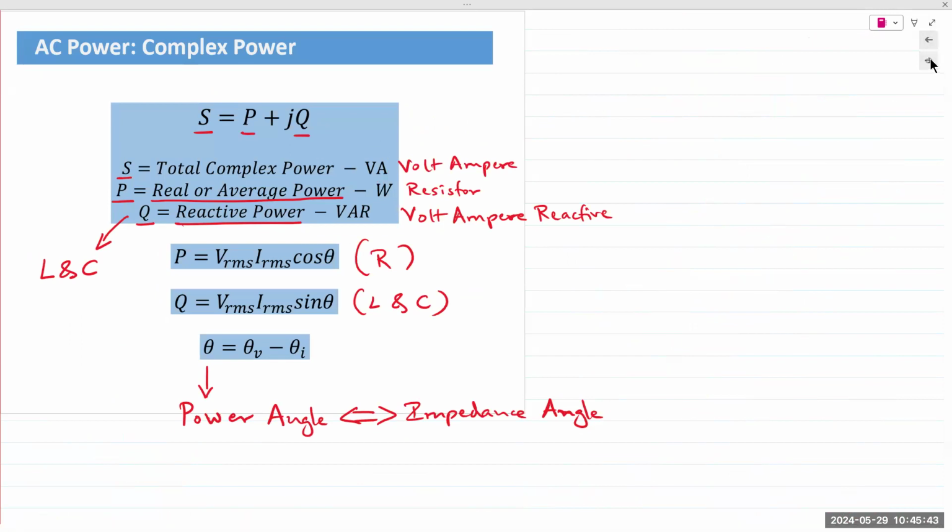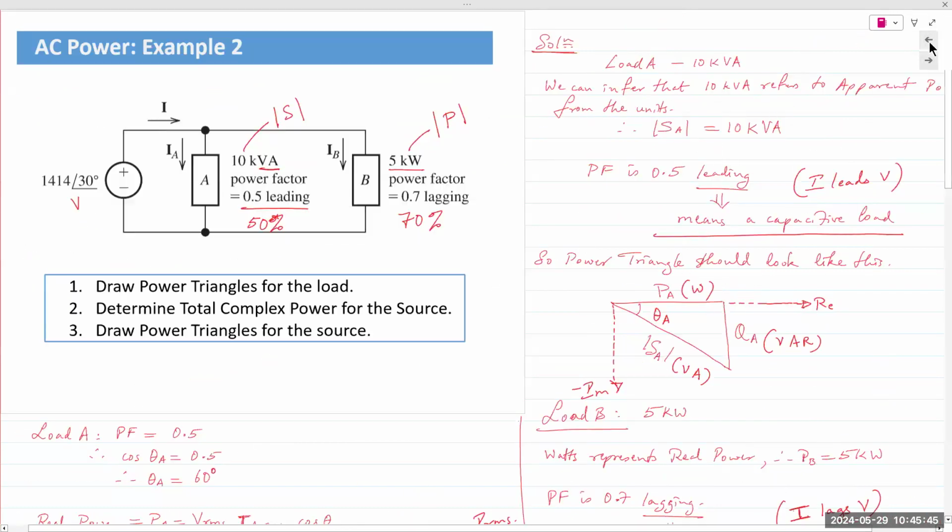So if element A has 10,000 volt ampere, and we are talking about a power triangle, the power triangle has P, has Q, and has magnitude of S. Then the 10 kVA refers to the magnitude of S. Make sense?